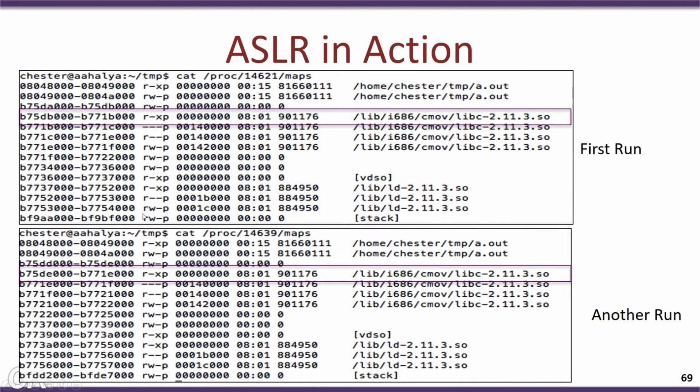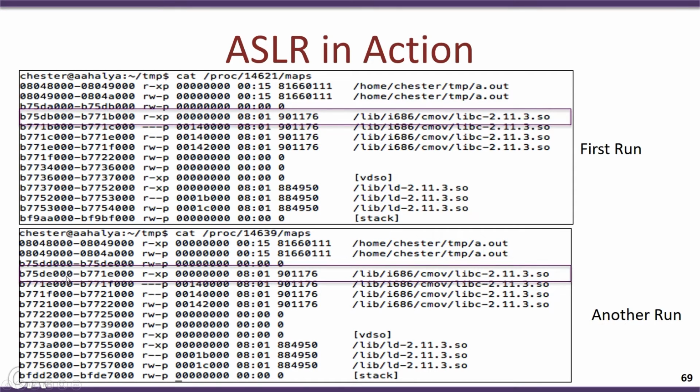Let us take, for example, the libc library. In the first run, the libc library is present at this location B75DB000, while in the second run, the same libc library is present at B75DE000.